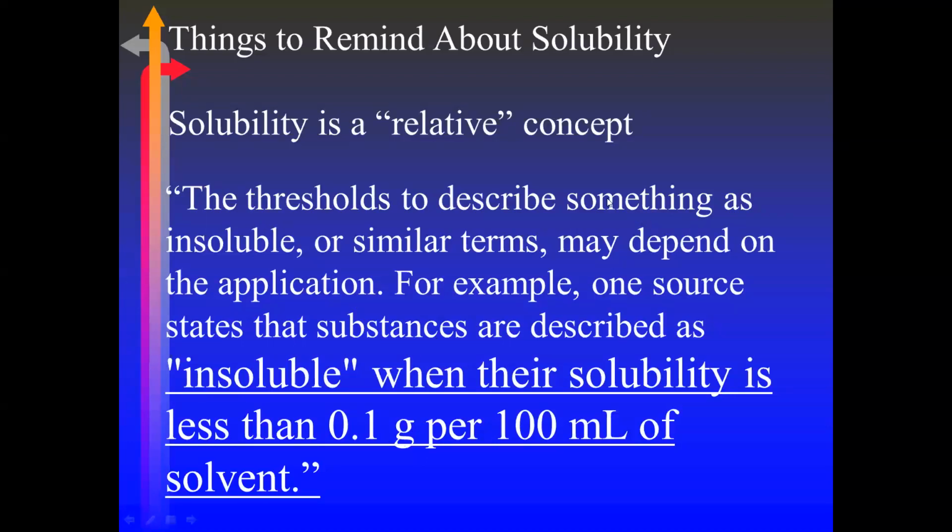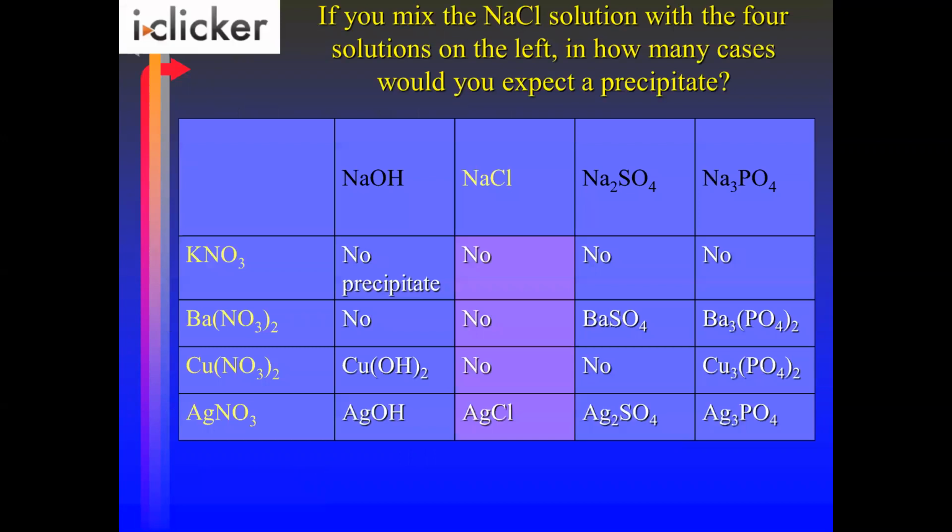You should keep that in mind. But don't worry, in our test, we only test you on something obvious. If it's insoluble, you can definitely see some precipitate and it's very insoluble. If it's soluble, it will be totally soluble. So we will not test you on something in between.